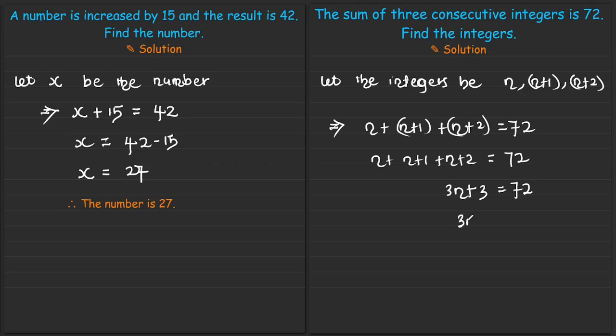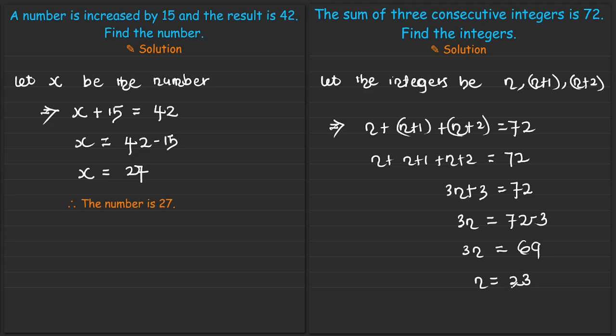Making our n the subject, we have 3n, which is equal to 72 minus 3. So our 3n is then equal to 69. 3 times what gives us 69? That means our n is equal to 23.